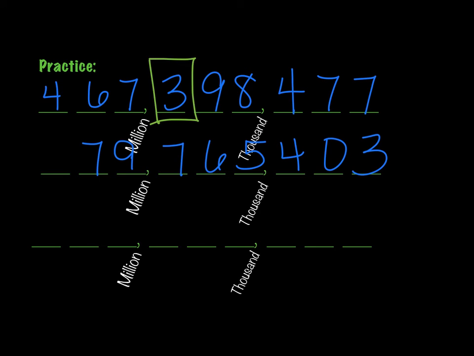Now, how many 10,000s do we have? So again, locate that 10,000 spot, which is right here, and we would answer that question with 6. There are 6 10,000s in that particular problem.